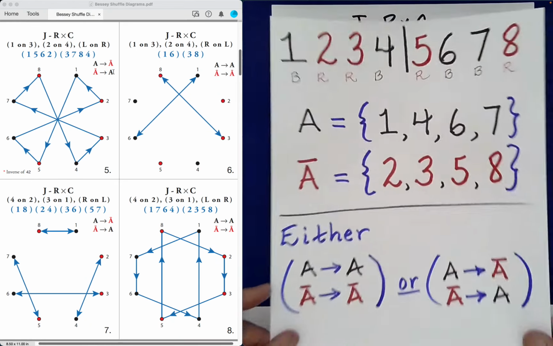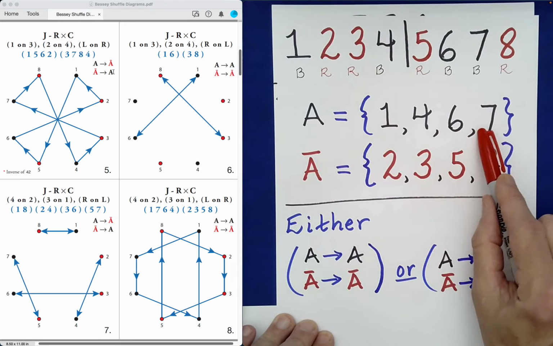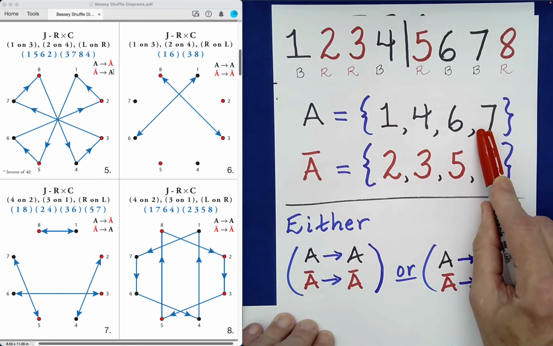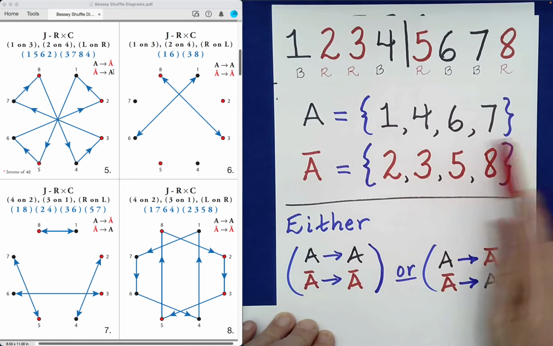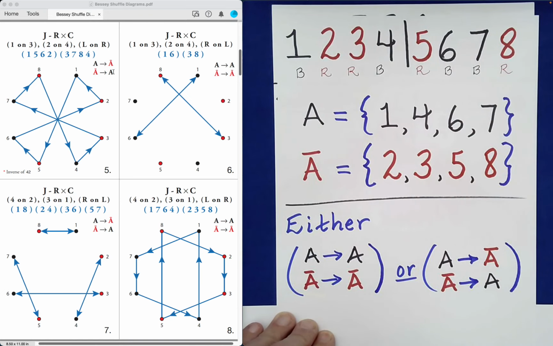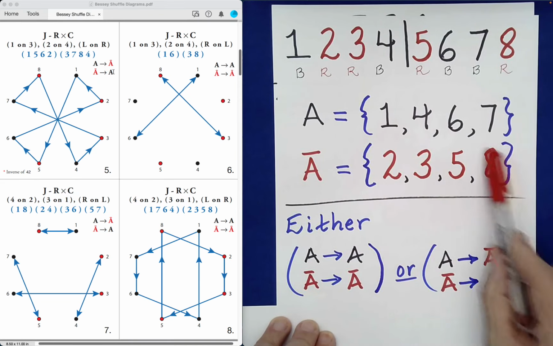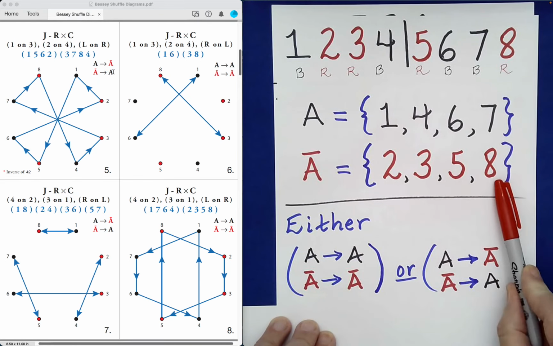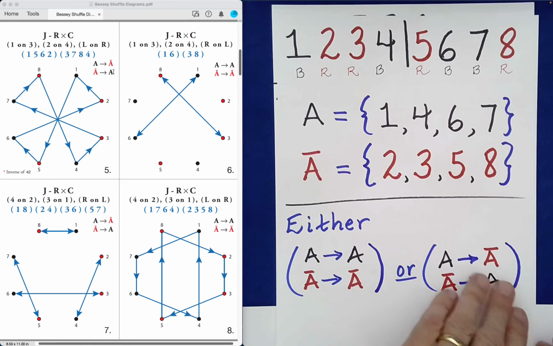Going back to our sets here, what we're saying is these position values, or the objects in these positions, will be sent to these same position values, even though they might get reassigned within that set of values. The same thing here for a complement. The objects in positions 2, 3, 5, 8 will stay somewhere in positions 2, 3, 5, 8. So there's no inversion.